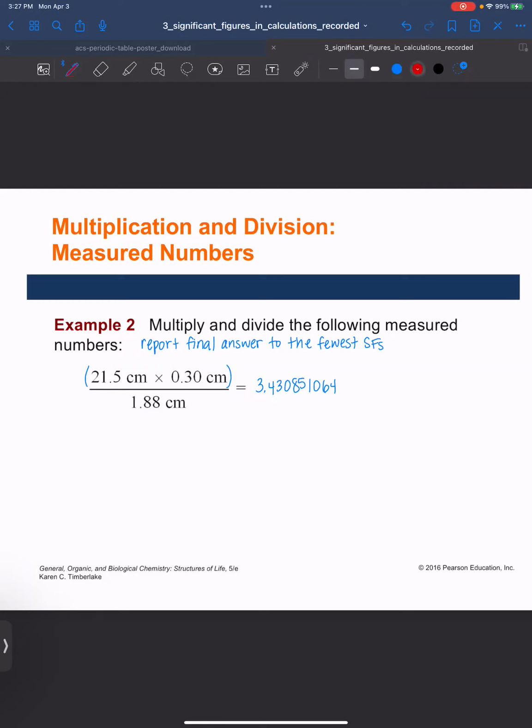And with a different colored pen, I determine the number of significant figures in each value. So this one has 3 significant figures. How much does 0.30 have? Good, this has 2 significant figures. And what about 1.88? Yes, it also has 3 significant figures.